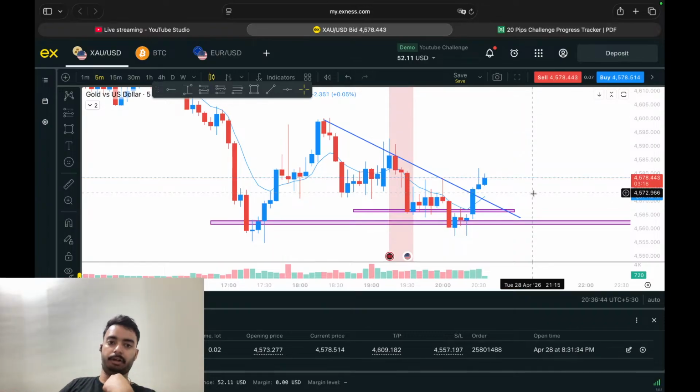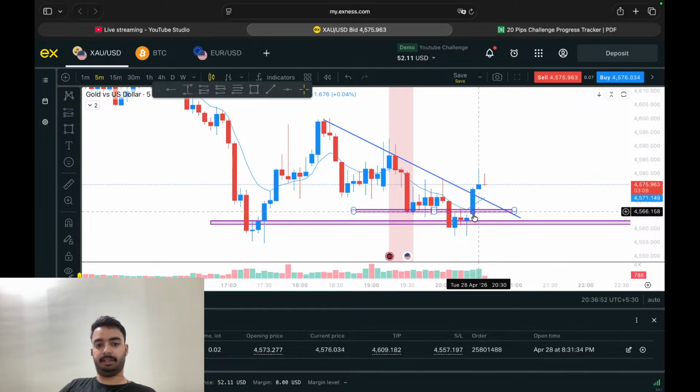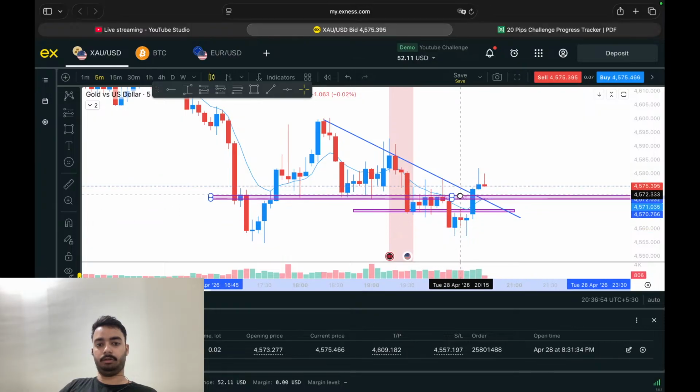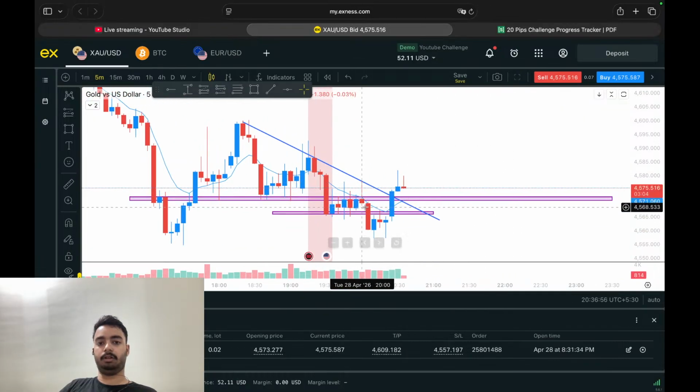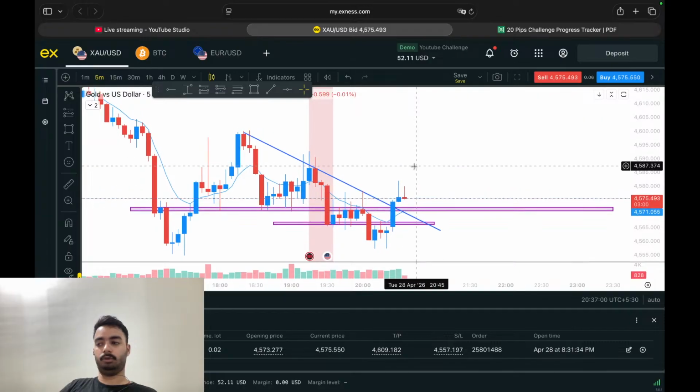This was the trend line as well, and price broke out on two resistances at the same time. One which was this, along with the trend line. So we got two confluences.